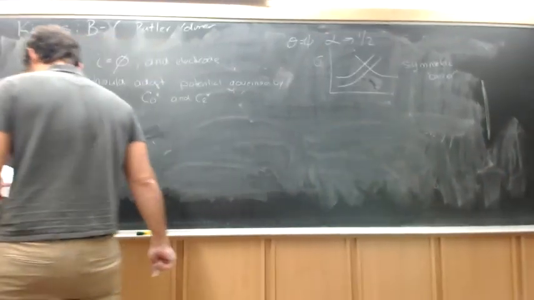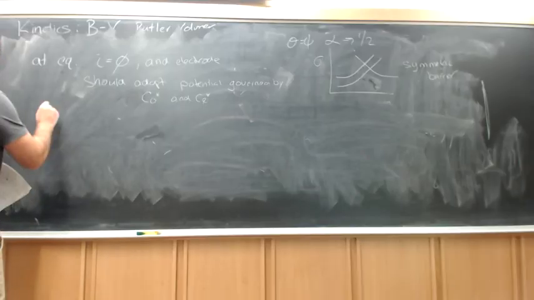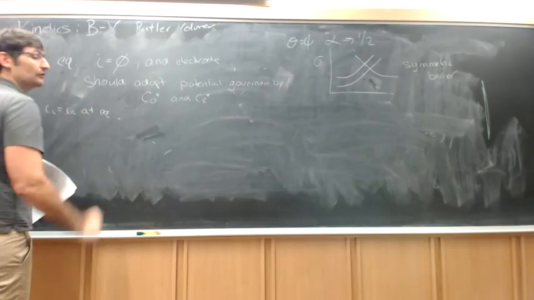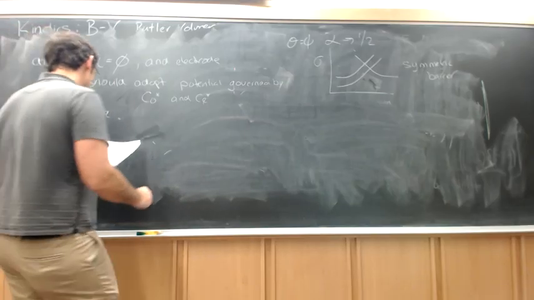So what I can say is, well, the forward current, i_c, equals i_a at equilibrium. And so I can write that.